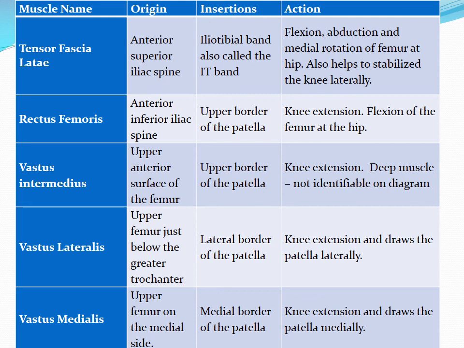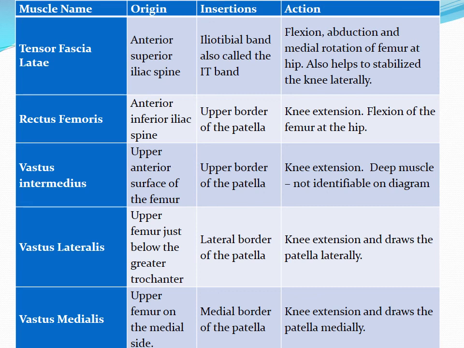So it will help flex, abduct, and medially rotate the femur. The next four are your quadriceps muscles. The rectus femoris is just a little bit different from the four. It arises on the anterior inferior iliac spine, so it arises on the pelvis. It will go to the upper border of the patella. It will cause flexion of the femur at the hip, as well as knee extension.